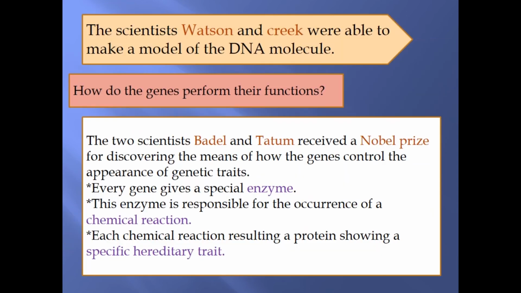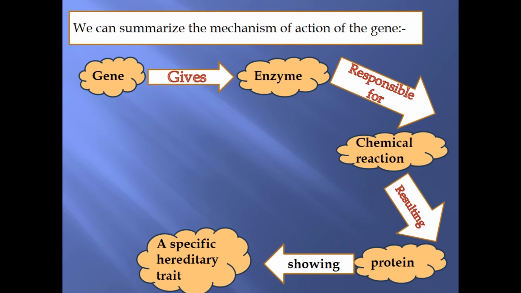The scientists Watson and Crick were able to make a model for the DNA molecule. How do the genes perform their functions? Actually, we have a summary for the function of any gene inside your body. We can summarize the mechanism of any gene as follows.